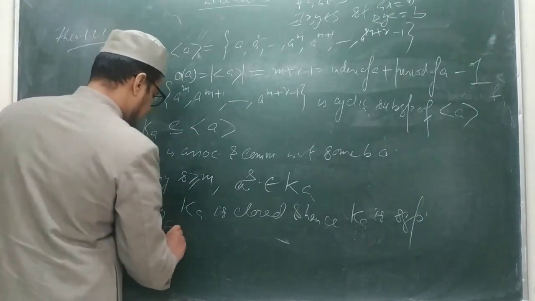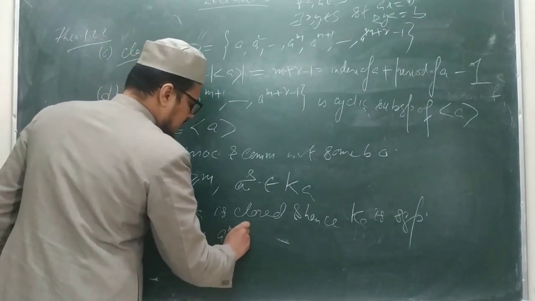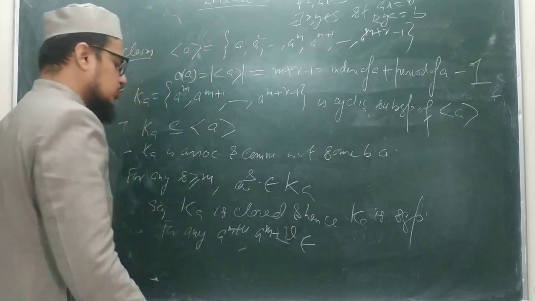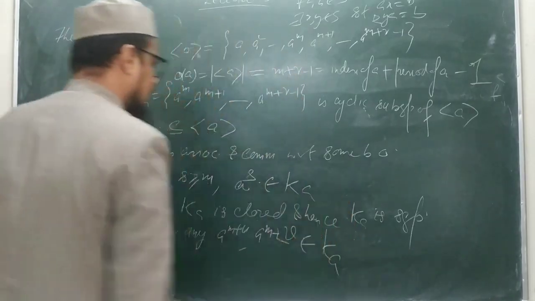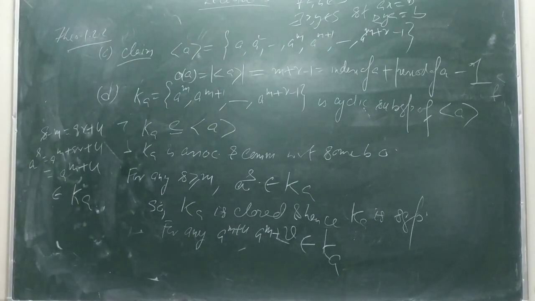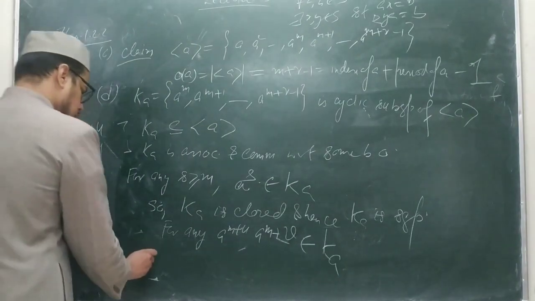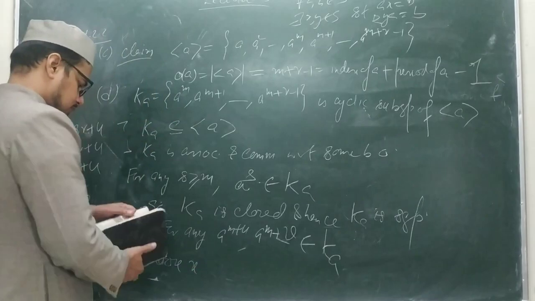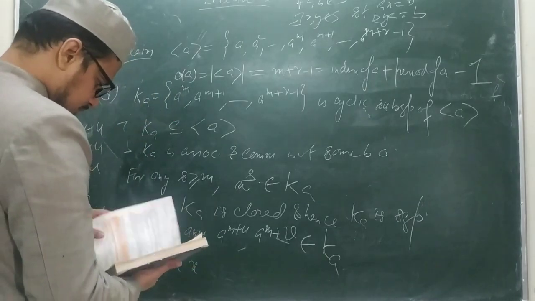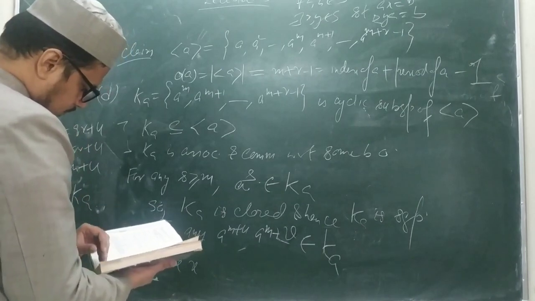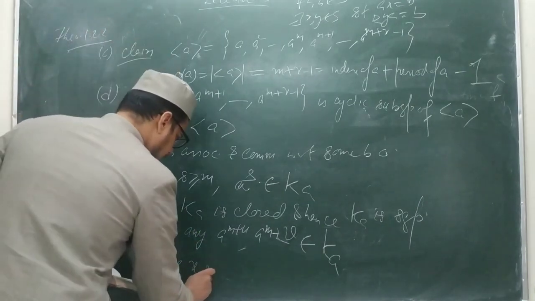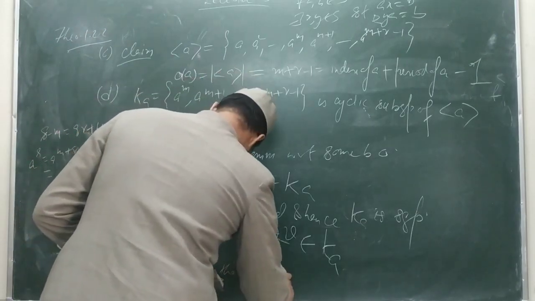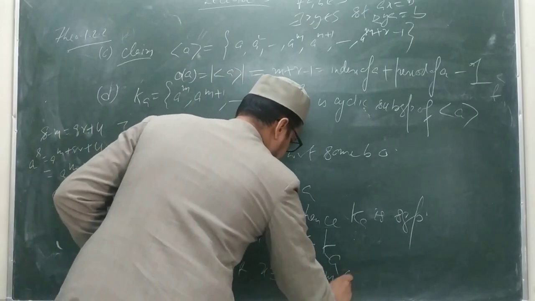Now, for any a to the power m plus u and a to the power m plus v belonging to K_A, choose x so that x is congruent to v minus u minus m modulo r.